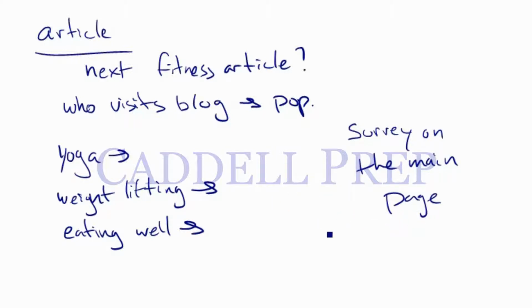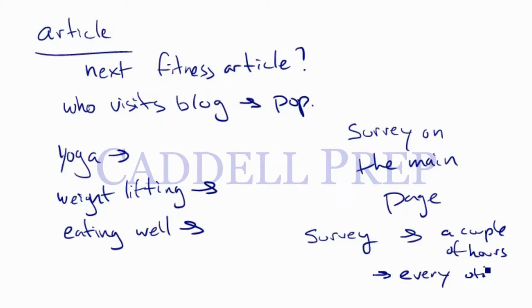And what you could do is maybe have the survey show up for only a couple of hours. Maybe it shows up to every other visitor. Or maybe it's only on for 5 minutes at a time at random parts of the day. This way you cover everyone who goes to the blog without actually interviewing every single person who goes to the blog.